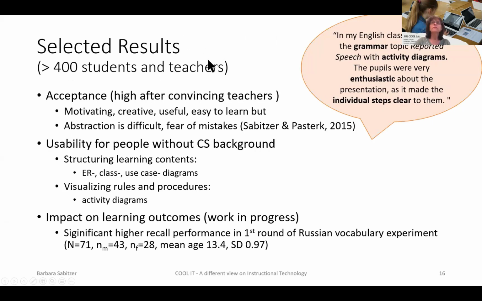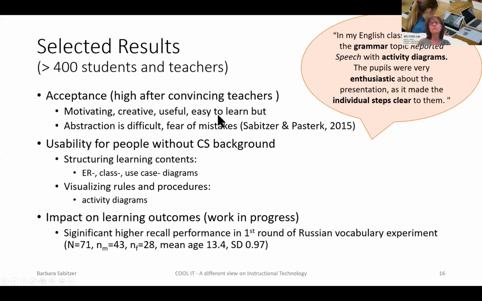Some selected results. We have done already several projects with more than 400 students and teachers in total, where we investigated different aspects. And the main results, which are also useful to convince new teachers to try out our strategies, concerning acceptance: it is high, but only after convincing teachers by showing them several really basic examples.